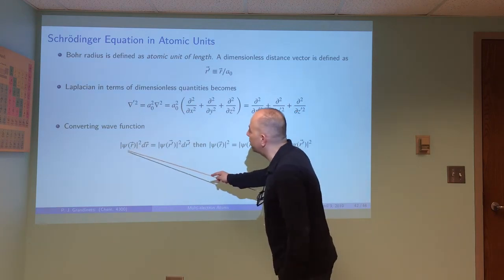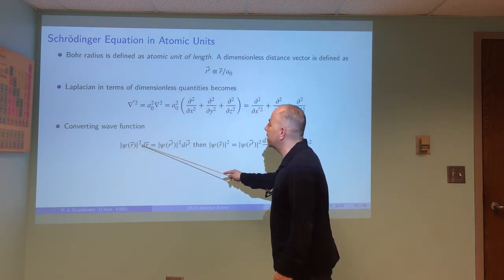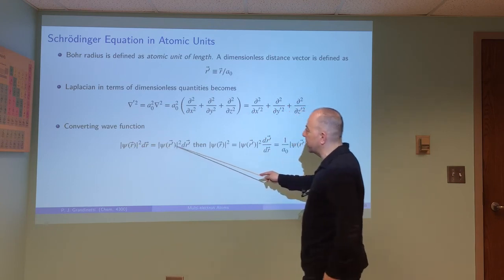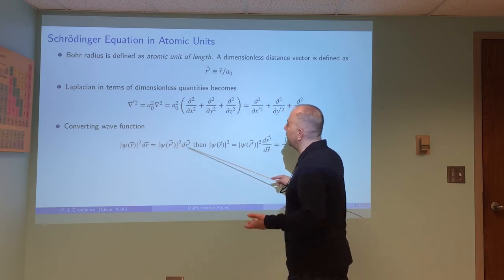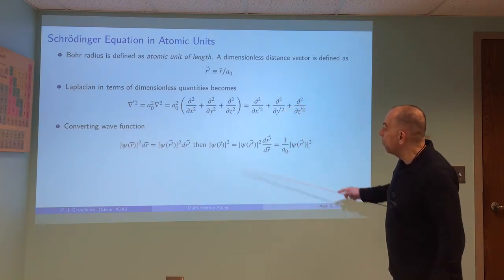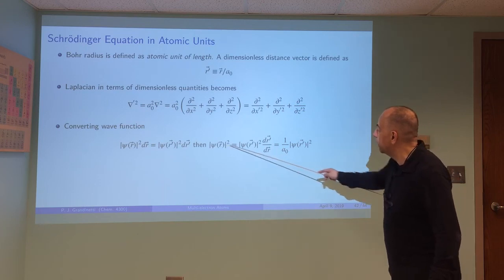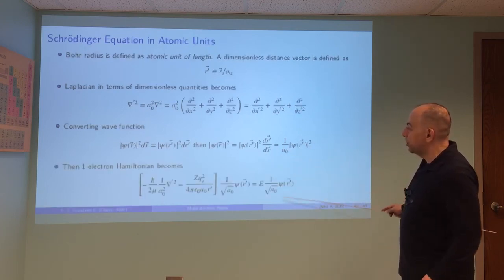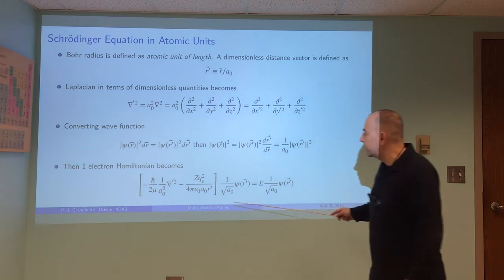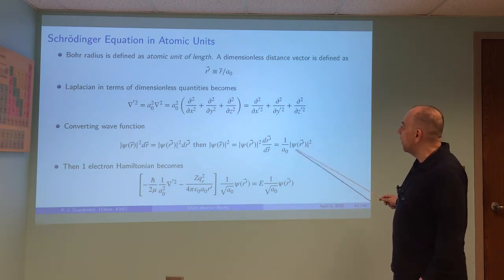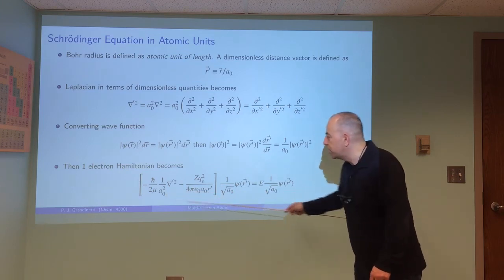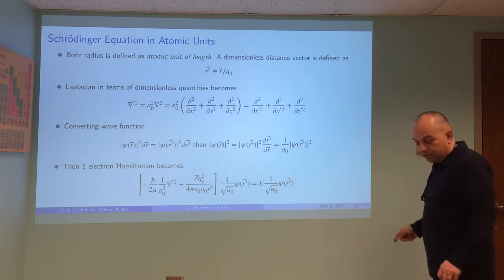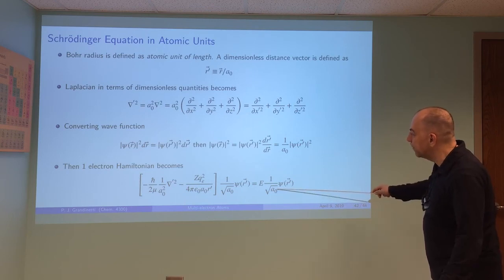And then when you convert the wave function, the probability is psi squared dr, and then we're going to change that to psi squared of r prime dr prime, and then we're going to rearrange this, and we'll see that we can rewrite this like this. So finally then, we go back to the Schrodinger equation, written in terms of a wave function in terms of a dimensionless r, and it's going to look like this right here. And so now you see these a naughts that show up here that you need to keep everything clean. But we're going to keep working on this.